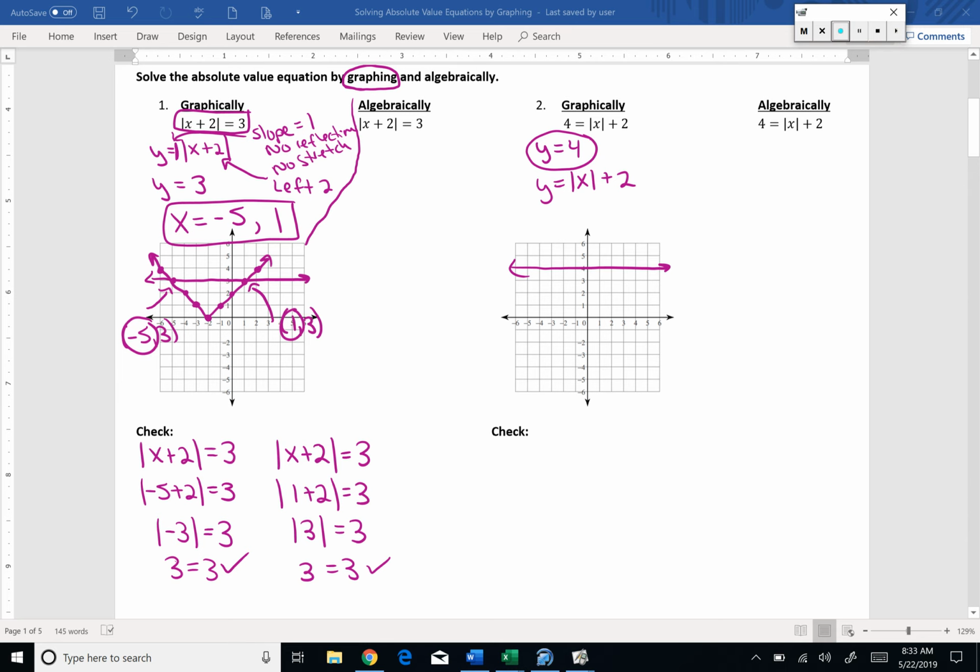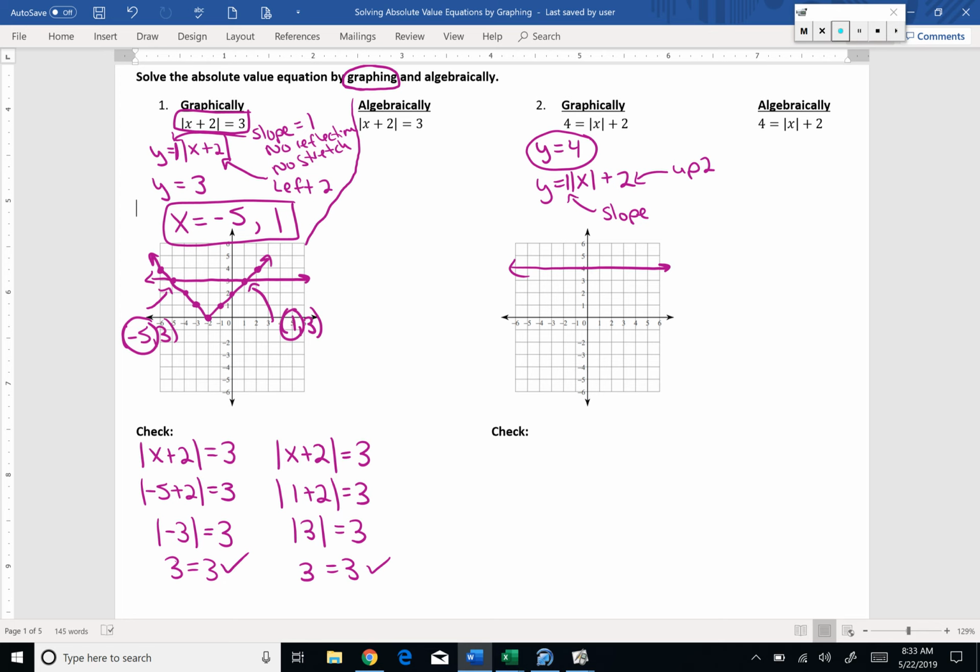All right, then with the absolute value one, we don't have a number in front of the bars, so if you need to write a 1 there, you can, to give you your slope. The plus 2, that was our newest piece of the graphing. We just did that a couple classes ago. The plus 2 is outside the bars, so we're going to go up 2.